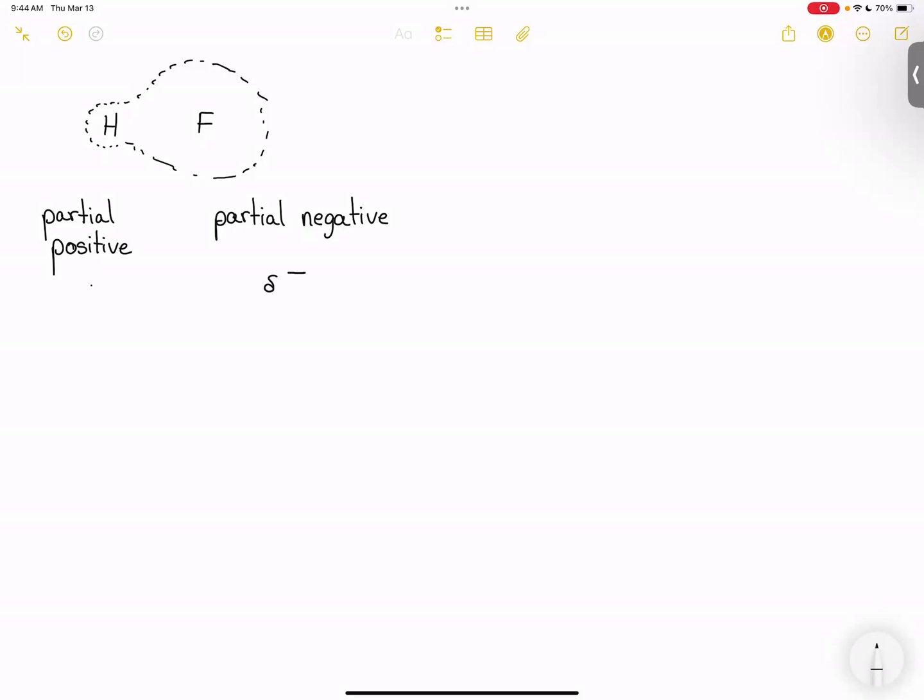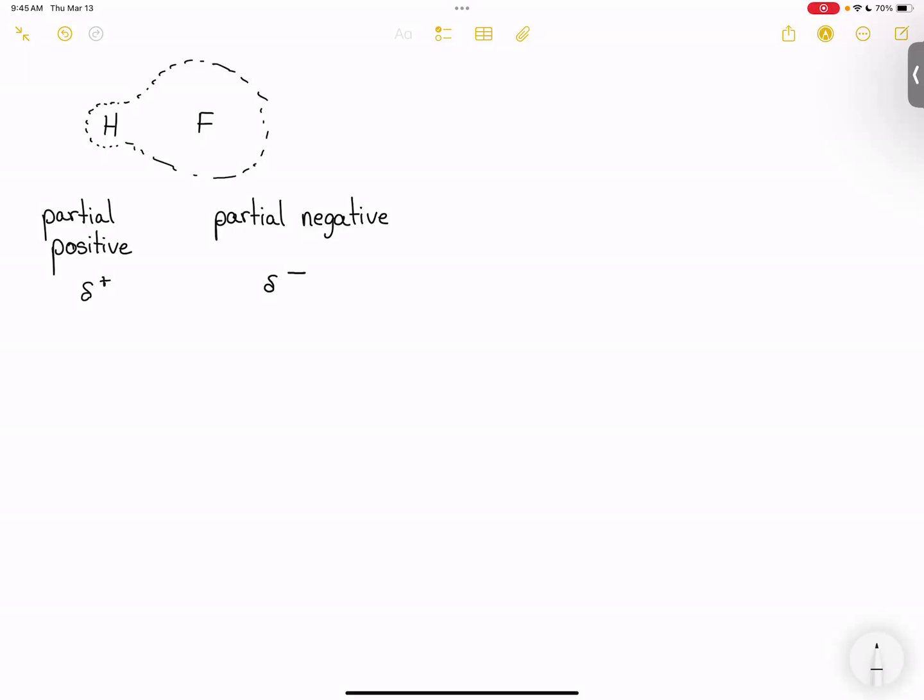If it's partial positive, then we put a delta positive. And knowing my software, it's going to change it, but it's supposed to be a small delta.